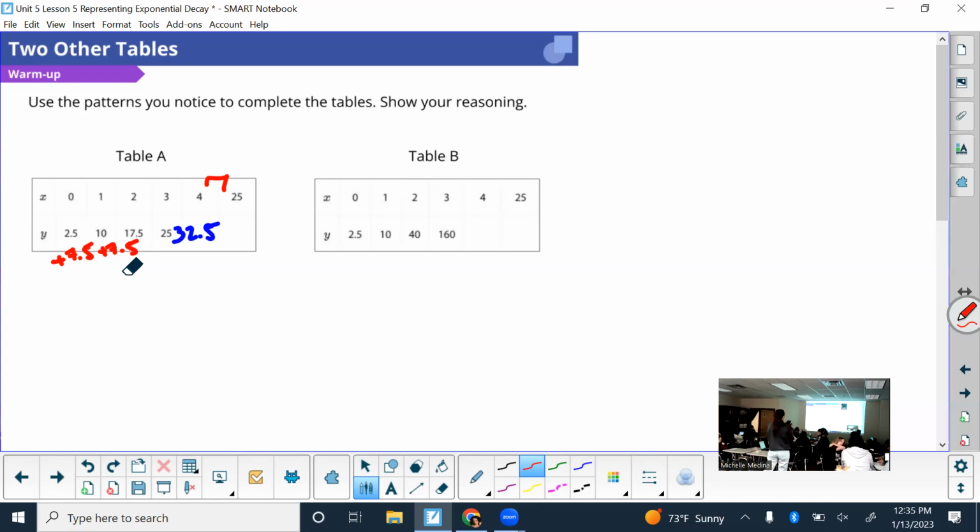If I'm adding each time, so table 3, if I'm adding each time, what would the graph look like for that situation?